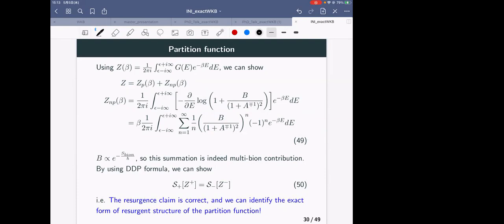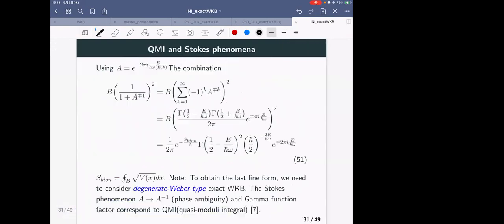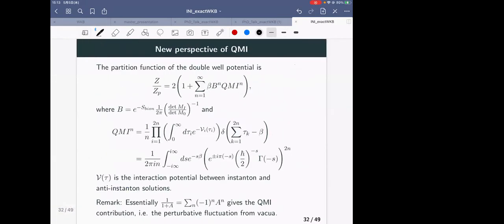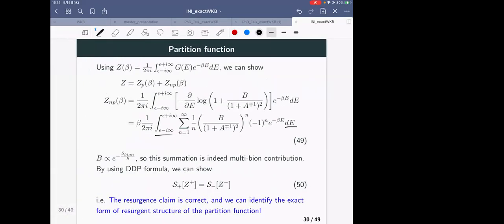And this integration over E comes from the delta function in terms of physics. This delta function actually becomes this integration, and this S is essentially the same as the E in this expression. Okay.